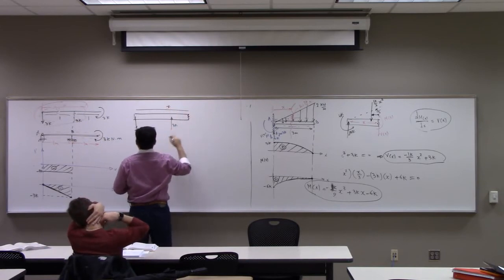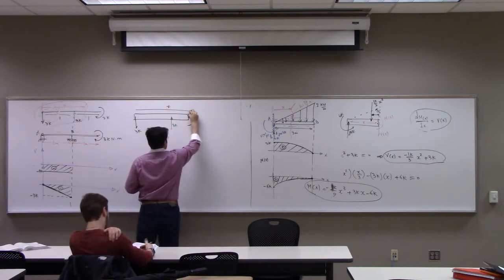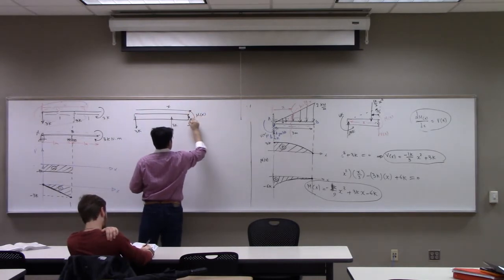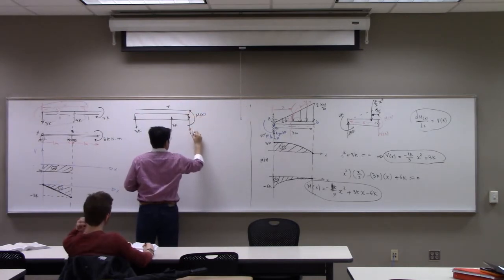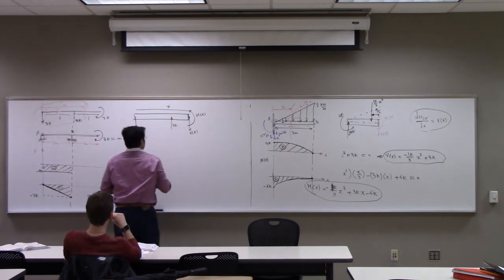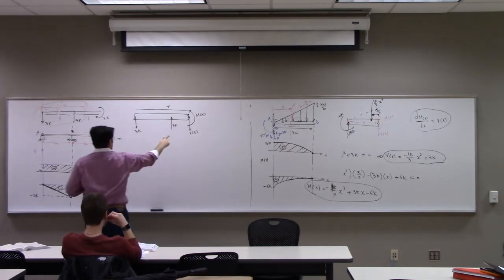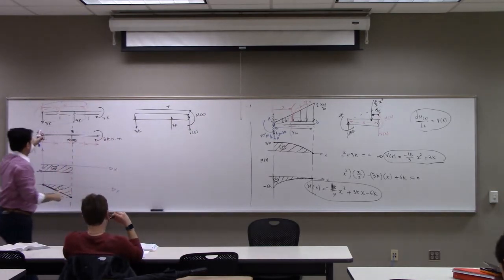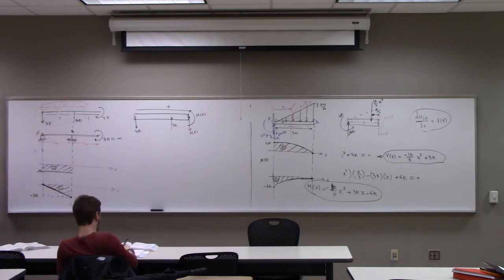X. M of x. Dx. Dx, M of x, no axial load. 3K, positive 3K, and that's all. That's all I have. Right?